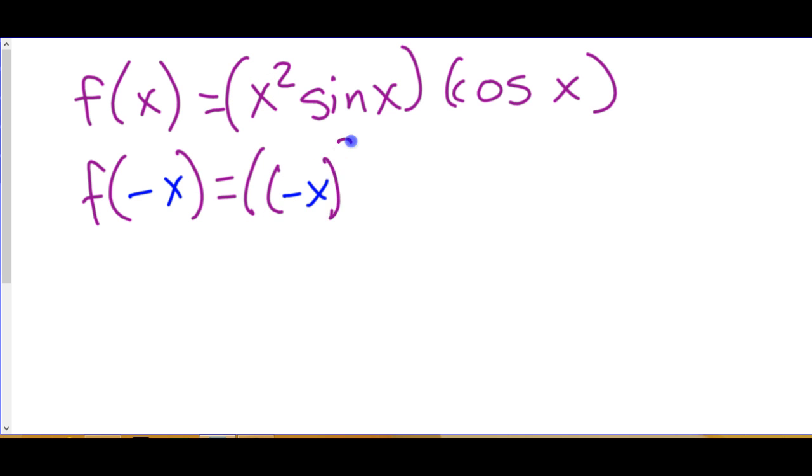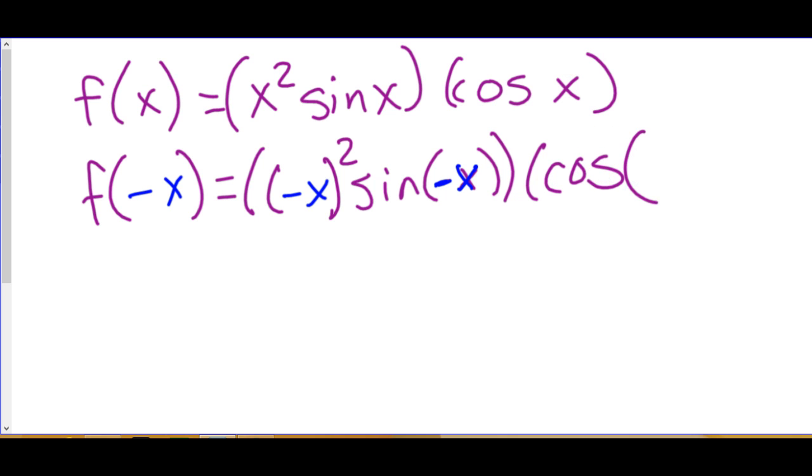I always write it in parentheses, especially when you have an exponent, just to make sure I don't make any sign issues, which is very important in this one. We're very concerned that we put in the correct signs. We're also replacing that x in sine and cosine with a negative x.